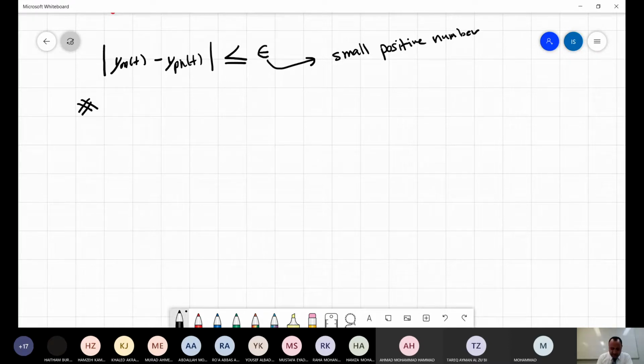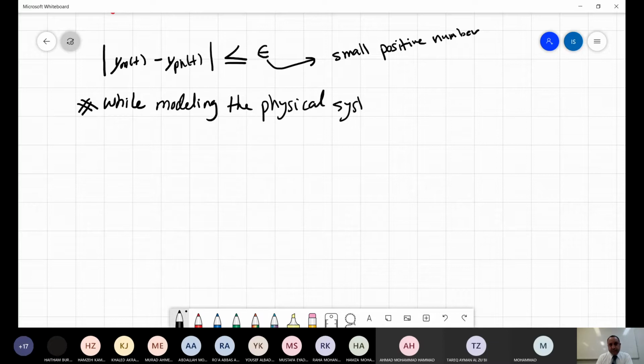So simply, while modeling the physical system, there is a trade-off between the accuracy of the model, or let's say the simplicity of the model, and the accuracy of the response.